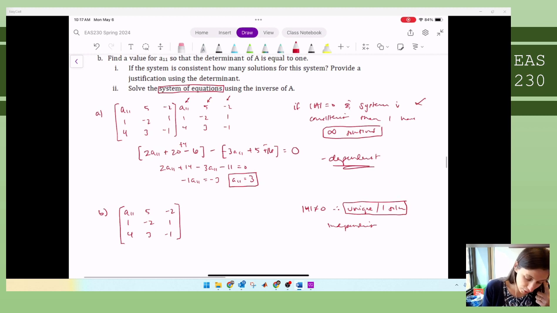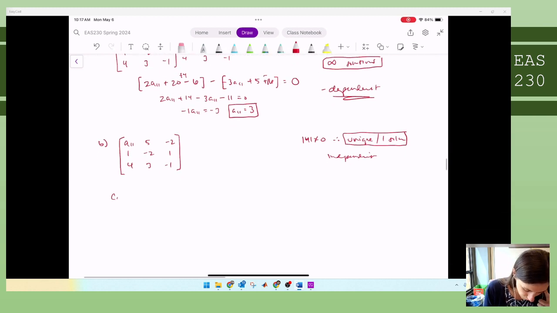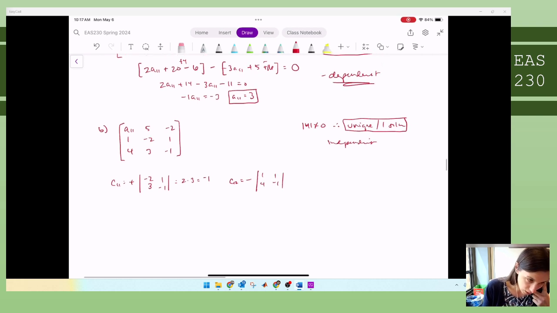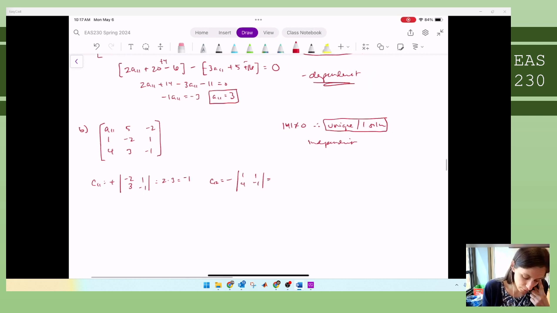Okay, so I have to solve my system using the inverse of A. So I'm going to do my cofactors. C11 equals positive, negative 2, 3, 1, negative 1, so that's 2 minus 3 equals negative 1. C12 equals negative 1, 4, 1, negative 1. I'm starting these first because I'm going to need them for my cofactor matrix and also to find my determinant, solving for A11.